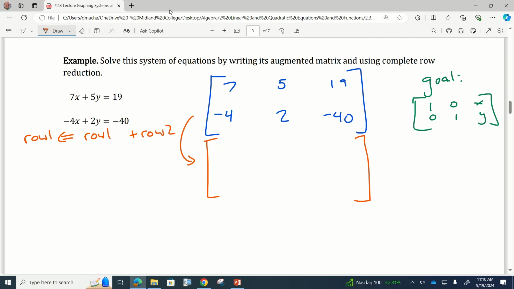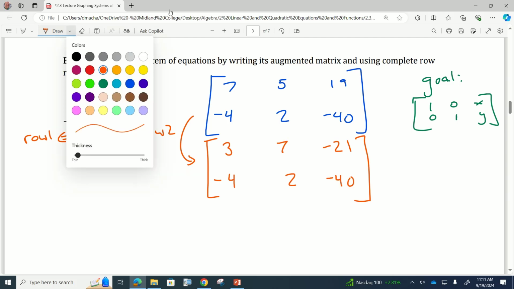And it's not going to give me a 1 in the top left corner, but at least I'm getting a little bit closer, right? So this top row is going to be 7 plus negative 4, that's 3. 5 plus 2, that's 7. And then 19 plus negative 40, negative 21. All right. The second row can stay the same for this step.